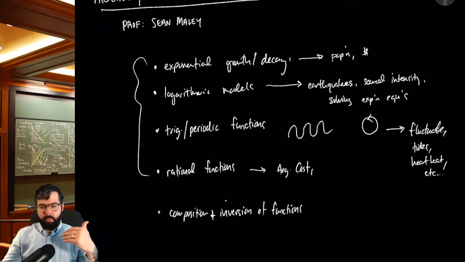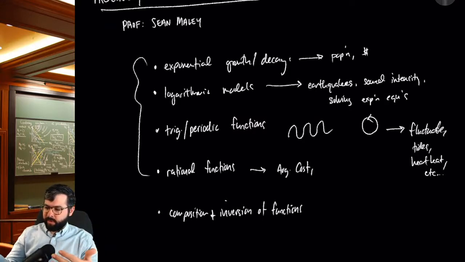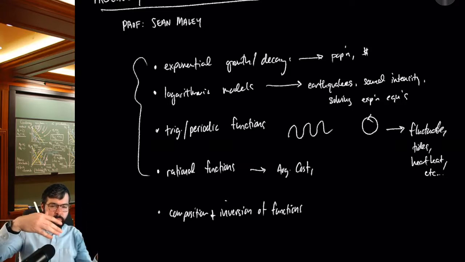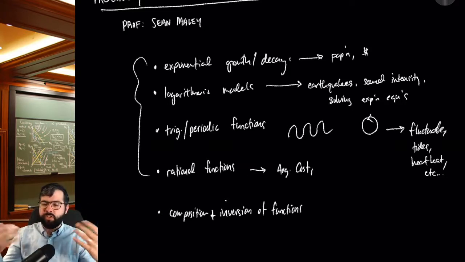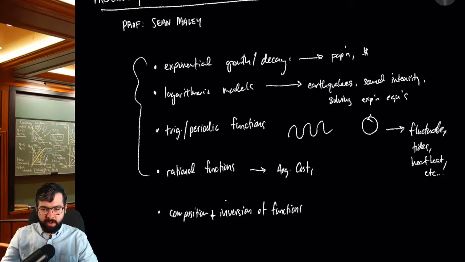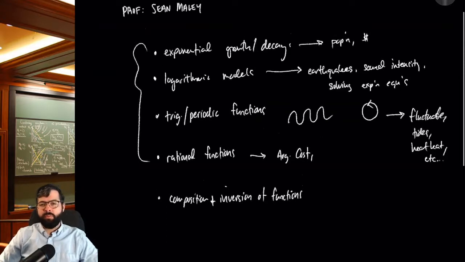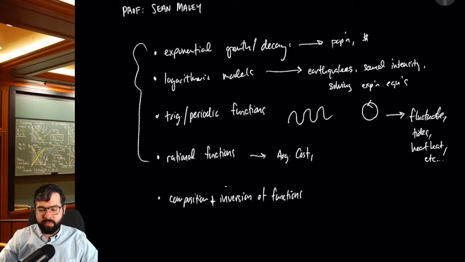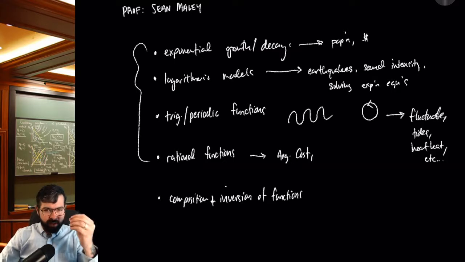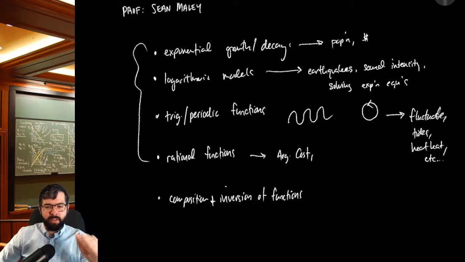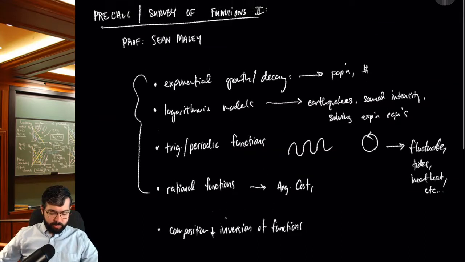To look at, if you have a certain perspective on a function, what would happen if we flip the input and output, and how would that give us a new look at this problem scenario? So it's pretty exciting stuff. It's not an exhaustive list. There are some functions that we don't talk about, but these are the ones we've identified as being really key to those of us moving on into calculus. And for those of us who are getting off the ride here, it was intentional that you are familiar with these functions before departing this course. So that's just to give you a frame of the topics we'll be looking at.